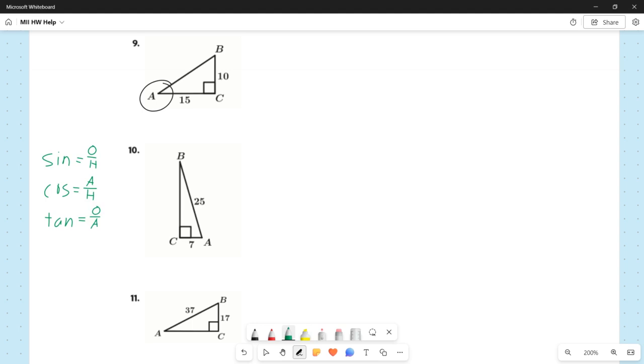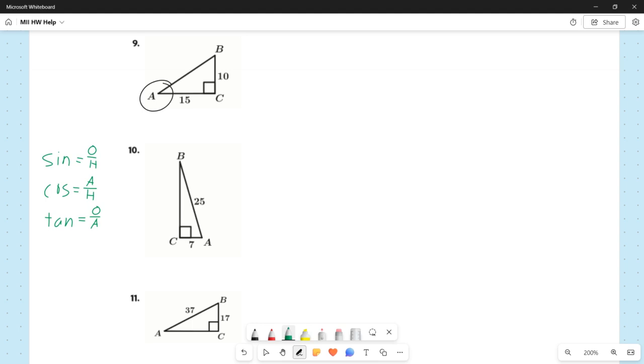Chances are you've heard of the mnemonic SOH CAH TOA. That's one way of remembering this: sine is SOH, cosine is CAH, tangent is TOA. Just a handy way of memorizing these formulas. If you do not yet know these definitions, I would strongly encourage you to get them into your brain because you're going to be using them again and again in this class and in subsequent classes.